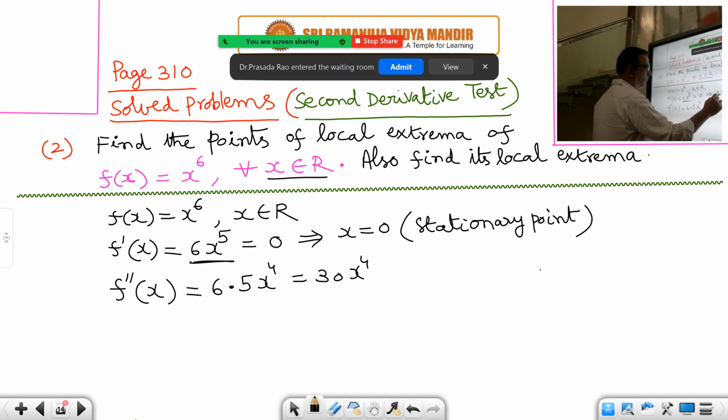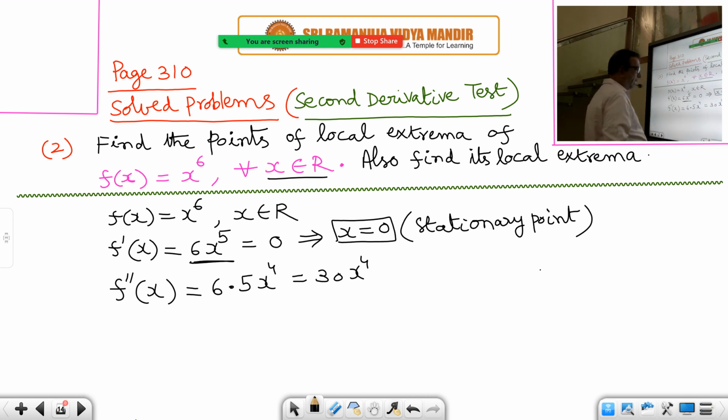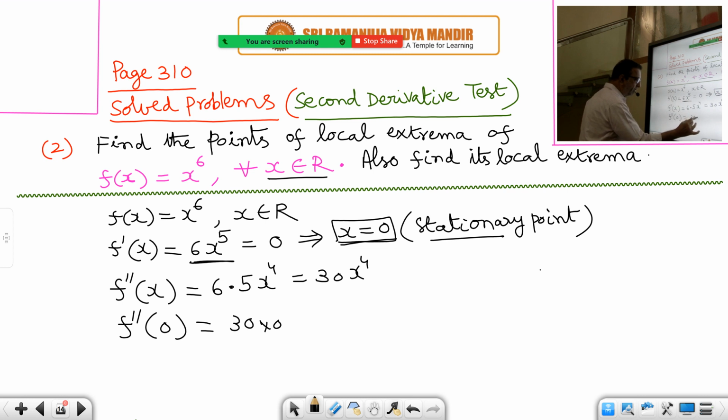What is f double dash 0? So 30 into 0 power 4, that is 0.